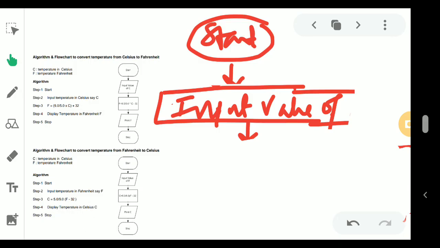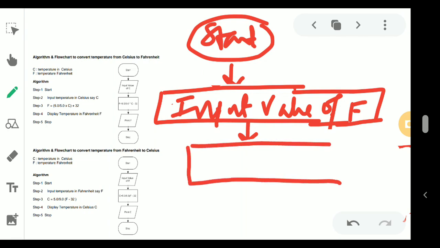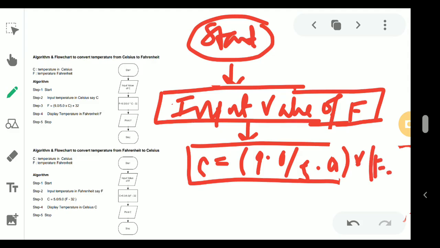So up to this I have not changed anything. Just input the value of F because we are taking in Fahrenheit. Now we are drawing the formula box, that is C is equals to 9.0 by 5.0 into F minus 32.